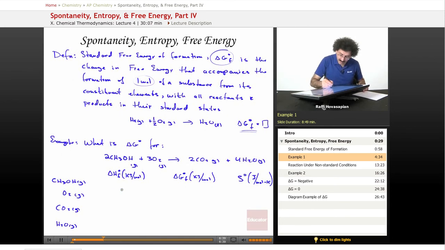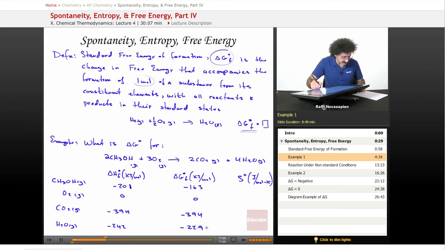So we have minus 201, 0. Remember, for elements the enthalpy is 0. And we have minus 394, minus 242. The delta G is minus 163, and the delta G for elements is also 0. This happens to also be 394, which is really interesting in and of itself.